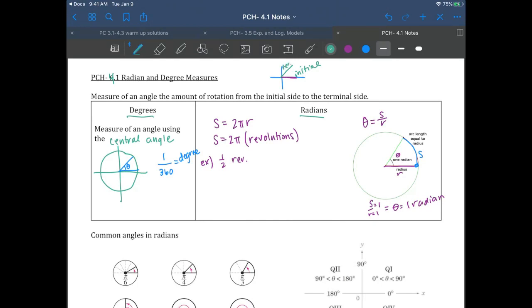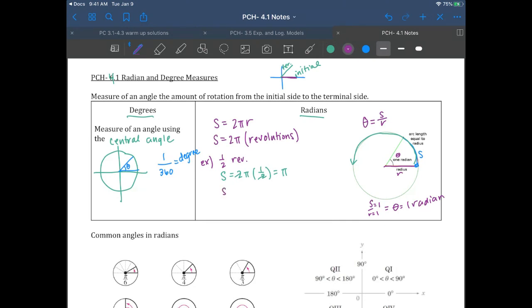So in this case, a half revolution. What is the arc length of that half revolution? We can use our formula. So the arc length S is equal to 2 pi times my half revolution. My 2's cancel, giving me pi. So the angle is equal to pi, or 180 degrees.